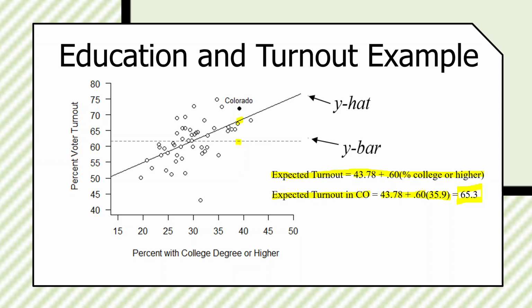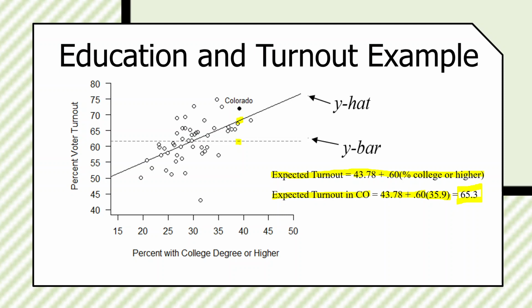So we would explain, if you will, the distance between y bar and y hat. So Colorado now, even though it's still sitting up there at about 70, we would account for about 5 percentage points of the difference between Colorado and the overall value of y bar.